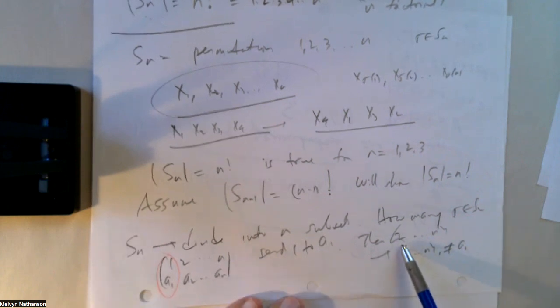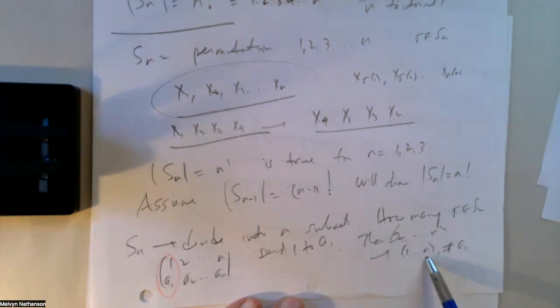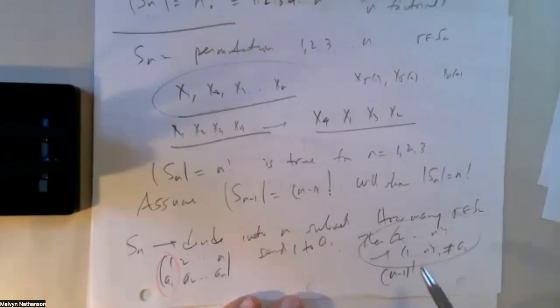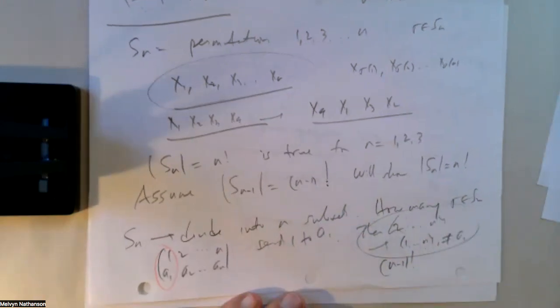So this is a map from n minus 1 objects to n minus 1 objects. And what one calls the inductive hypothesis says the number of these kinds of maps is n minus 1 factorial. It's just like the number of permutations of n minus 1 objects.